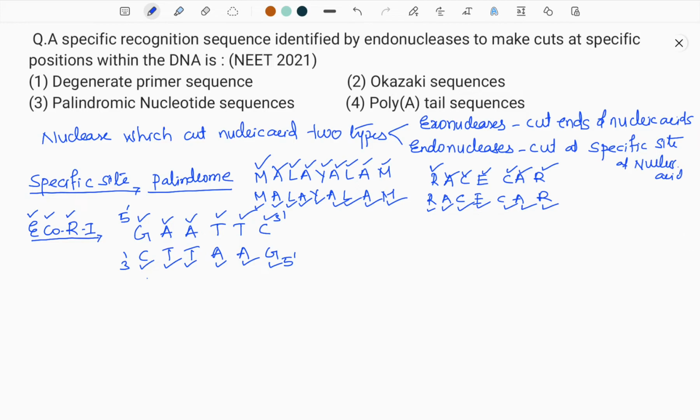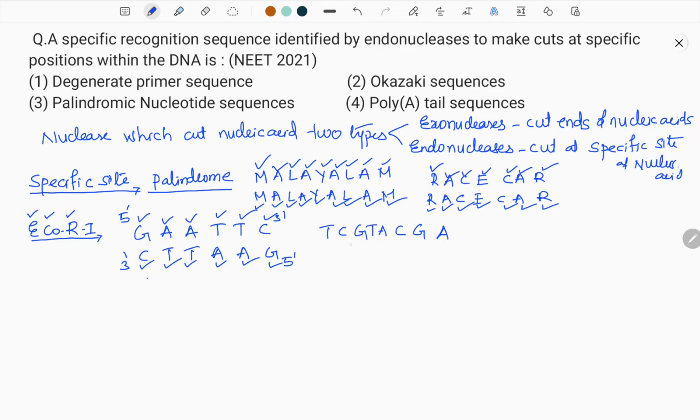Let's make one palindrome. I write one palindrome here. Don't take it that it is really present in DNA, but I will help you understand how we can make a palindrome. For example, I take it here, T, A, C, G, C, T, A. This is one palindrome.